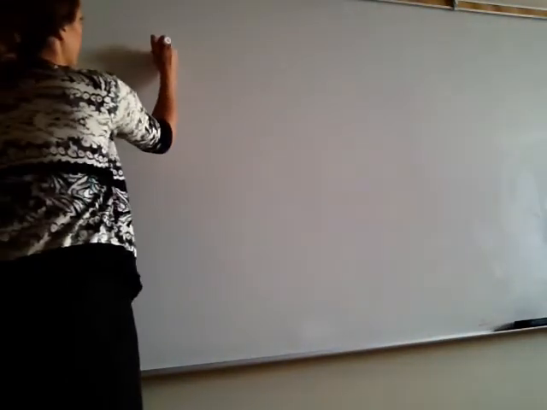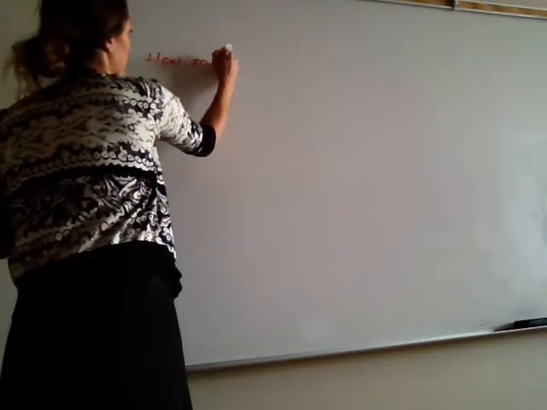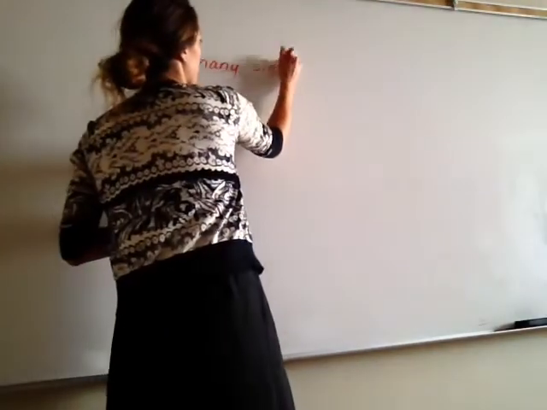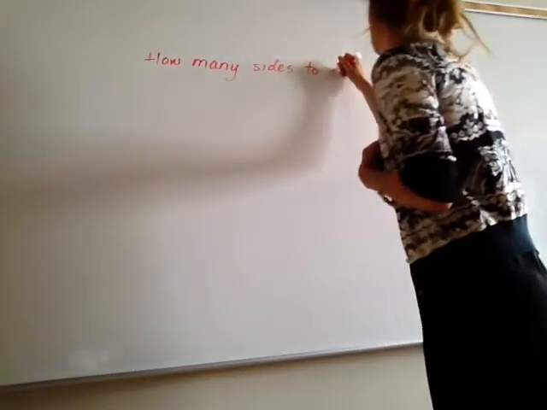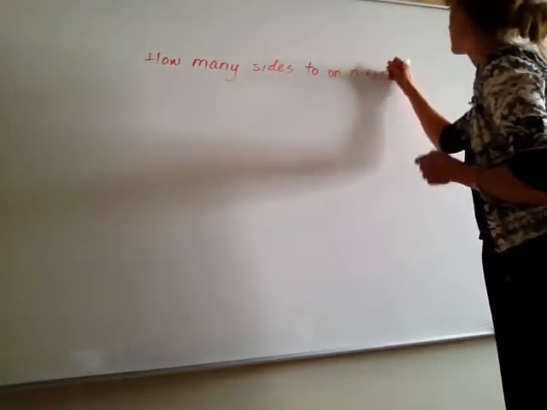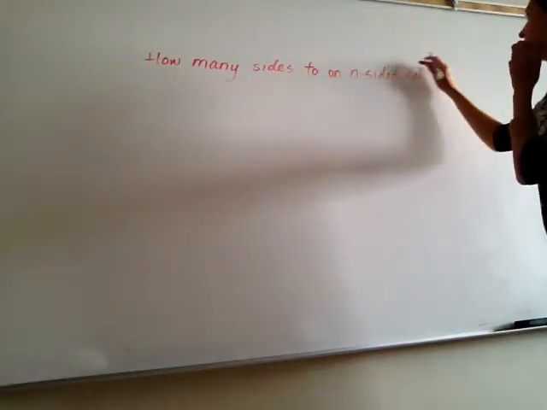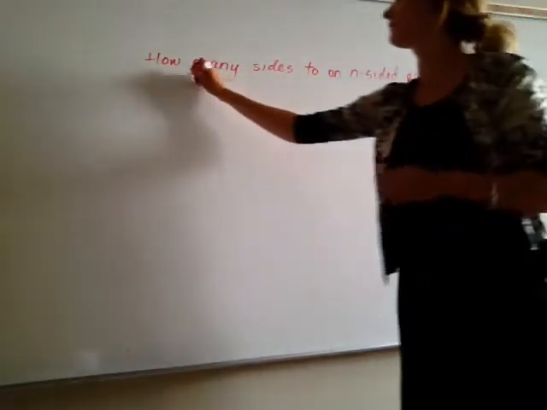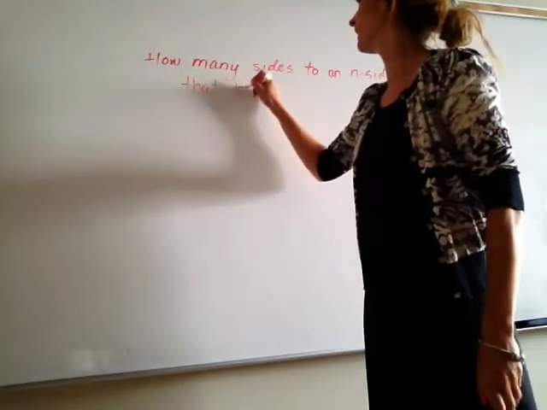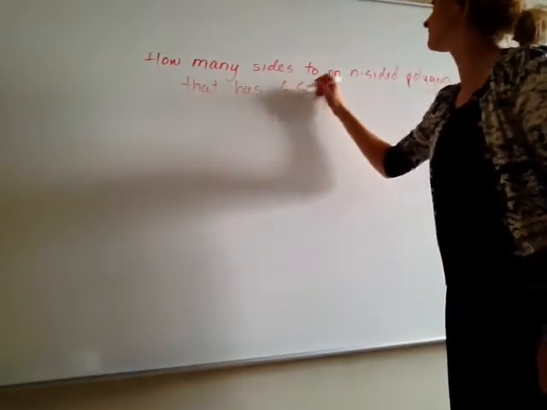So, how many sides to an n-sided polygon that has 65 diagonals?